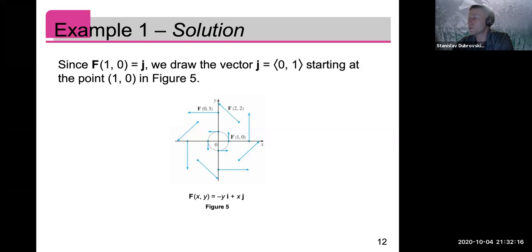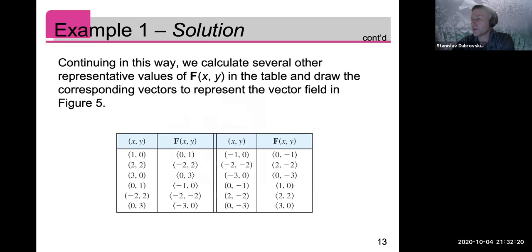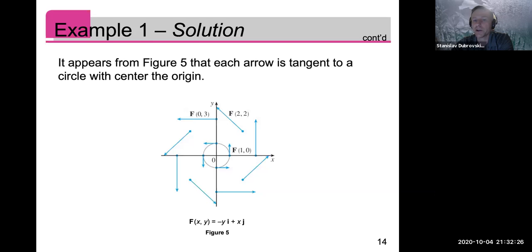So is that always the case? Let's see. Here we plot a few more. Maybe it's a good idea to plot a few more, and then check: do they really appear always tangent to some circle? So can we draw a circle so that it's always tangent to?